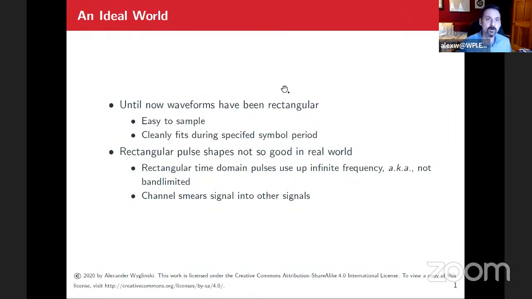So up until now, all we've been talking about is really a great ideal world in terms of what we've been communicating over, let's say, a piece of copper wire or a fiber optic cable or something of that nature. So let me illustrate.